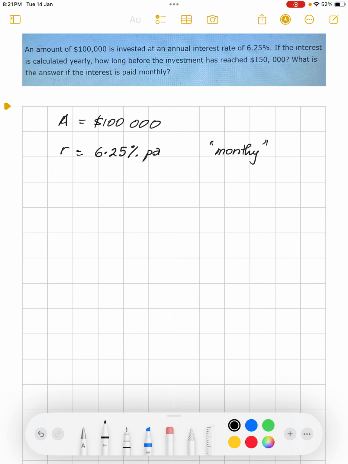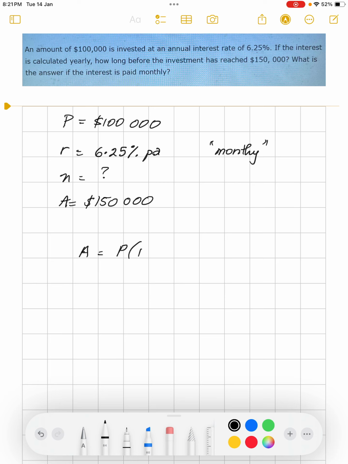How long before the investment is reached, so we don't know how long, before the investment reaches $150,000. Now I'm going to put this as the amount, and I'm going to change this first value as our initial value, which is the principal. So in the formula, we've got a compound interest formula.